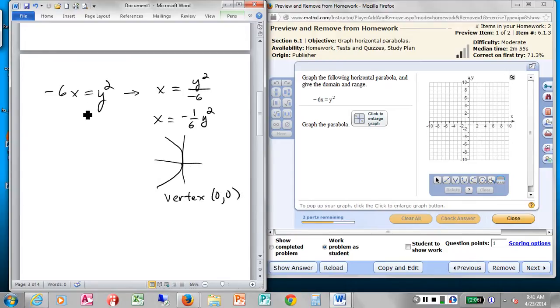But what I was going to show you over here, on these, if you've got it in this format here, what if we choose x here to be negative 6? X is negative 6. Then we have negative 6 times negative 6 equals y squared. That gives me a positive 36, which is going to give me a nice other point to graph over here, because you square root that, you got positive 6 and negative 6 for the y.